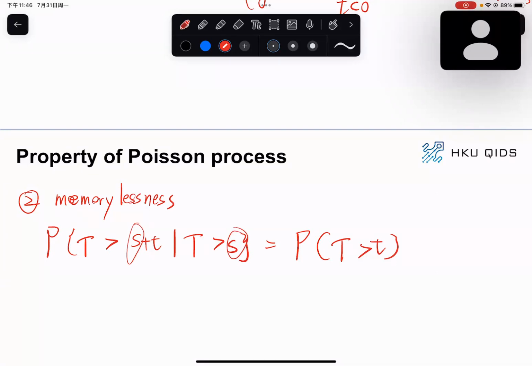If we have waited for s time units, the extra waiting time will have the same distribution as the waiting time when we start at time 0. It is quite counterintuitive, but it is true.